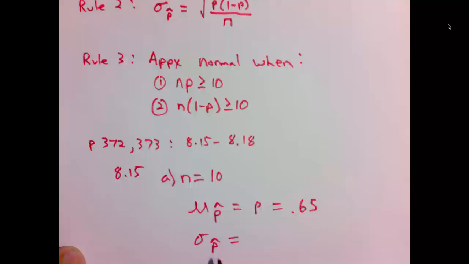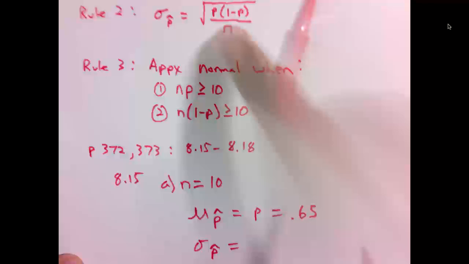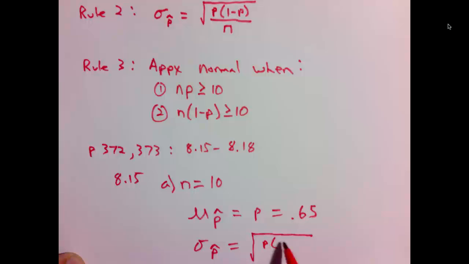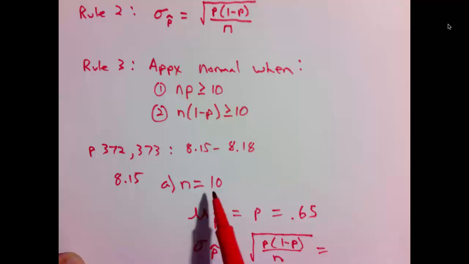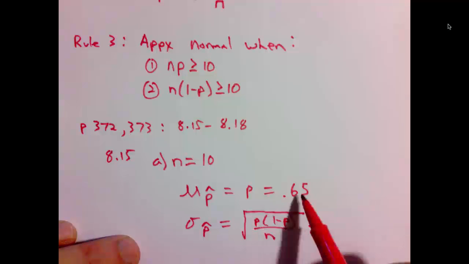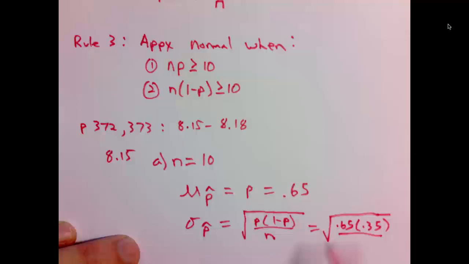The standard deviation, by rule 2 above, is the square root of p times 1 minus p divided by n. In this particular case, n is 10, and p is 0.65. 1 minus p is 0.35, divided by 10, and then we'll take the square root of that.